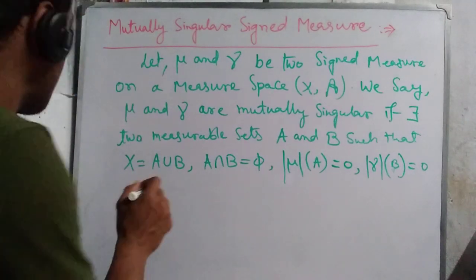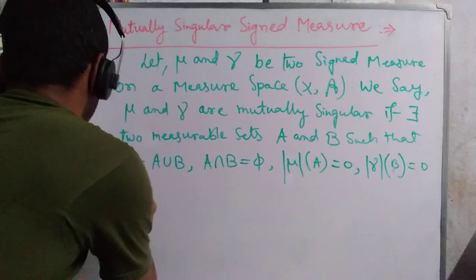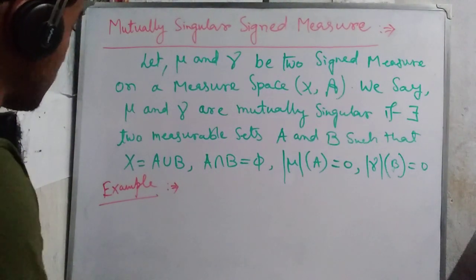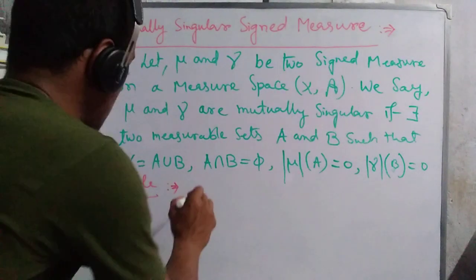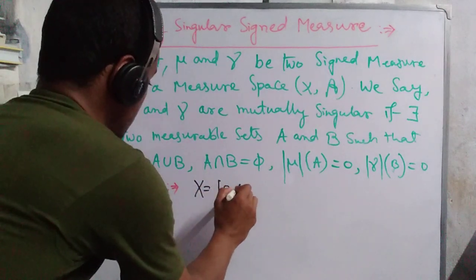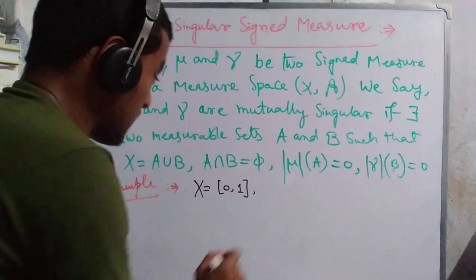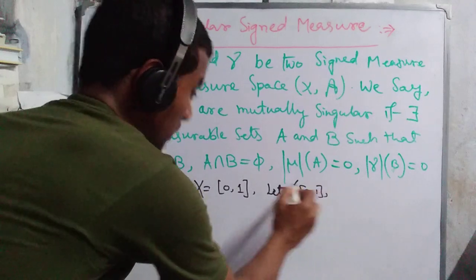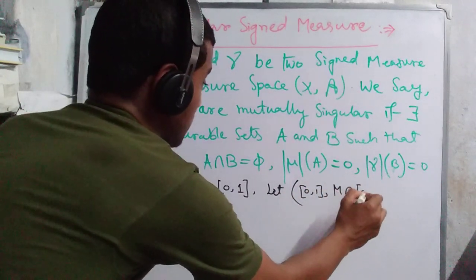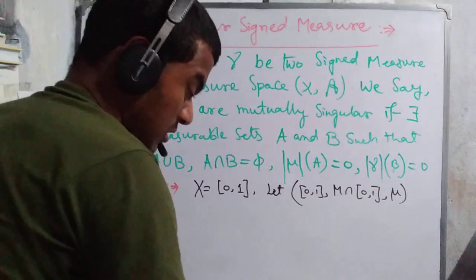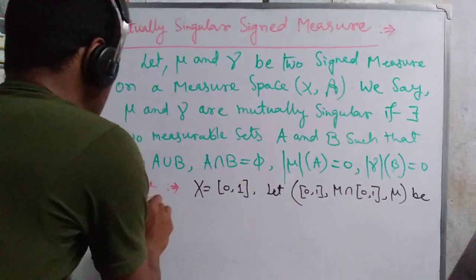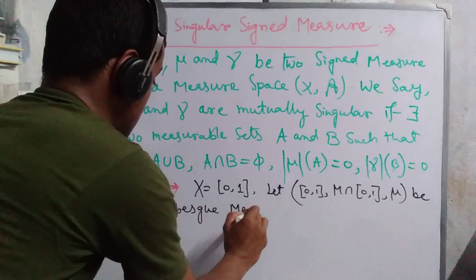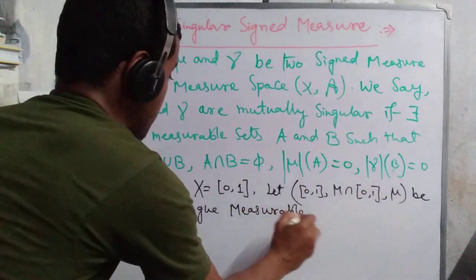We write an example here. Let X equal to closed interval 0 1, and let the Lebesgue measure be on the Lebesgue measurable space.